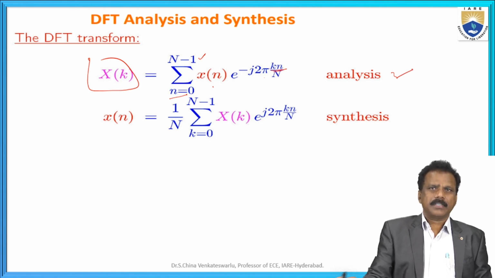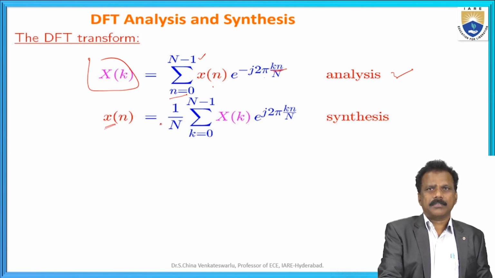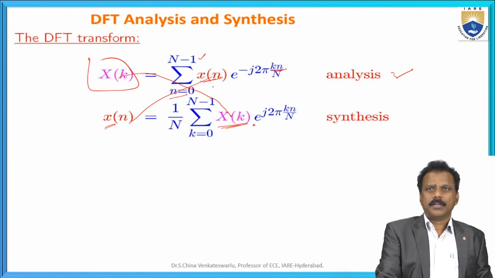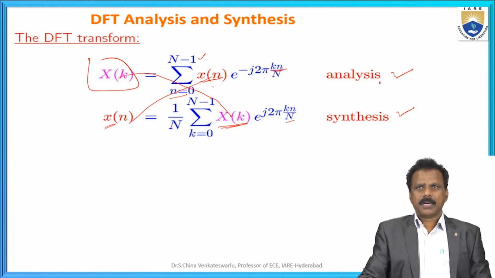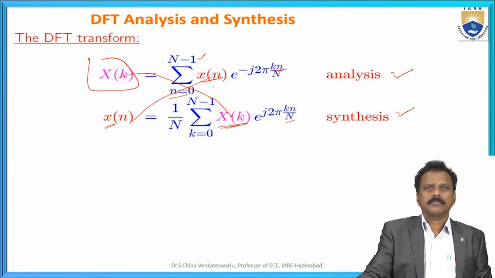Coming to synthesis, the IDFT: x(n) is equal to 1/N, the summation k equals 0 to N minus 1, X(k), which is the DFT, times e^(j2πkn/N). This is the synthesis. Analysis part and synthesis part. So this is all about the discrete Fourier transform.